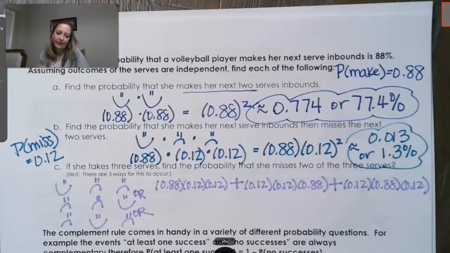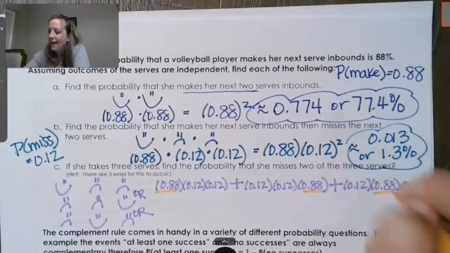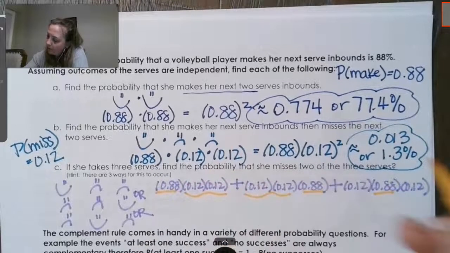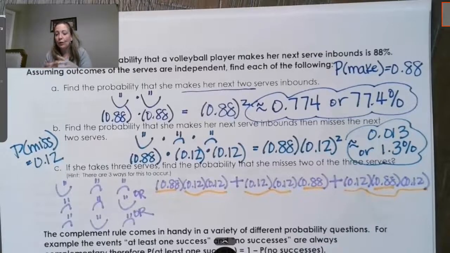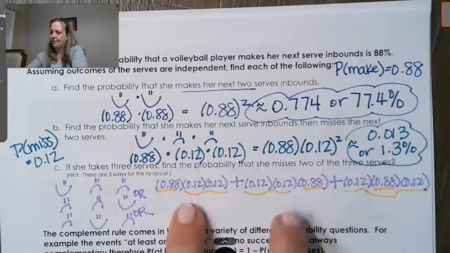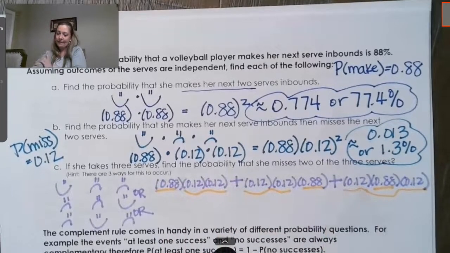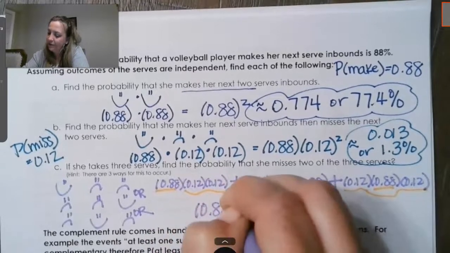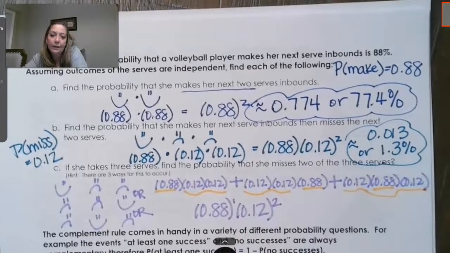Now let's look at those possibilities. They look a little bit different, but do you see that each of the scenarios has one 0.88 and two 0.12s? So there are 3 that are the same. If we were multiplying 3 of the same things, we would raise to the third, but here we are adding 3 of the same things together. So we do have 0.88 to the first, and then 0.12 squared.